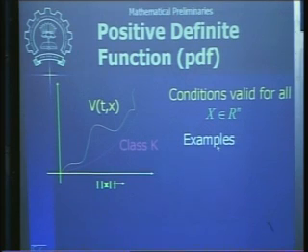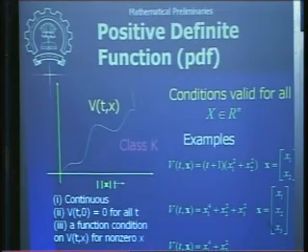Now let us see some examples that will clarify this matter a little more. We have the first function; let us see whether you can do any analysis to tell me if it is positive definite. What we have to do is verify these three conditions.